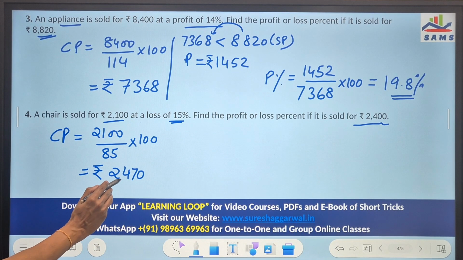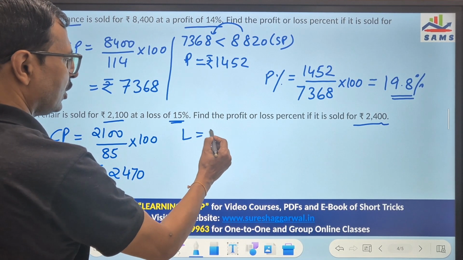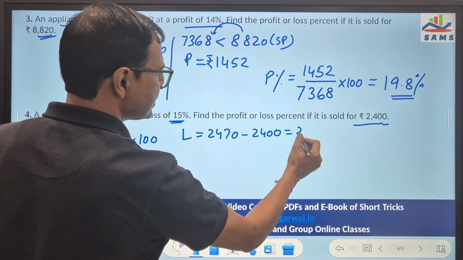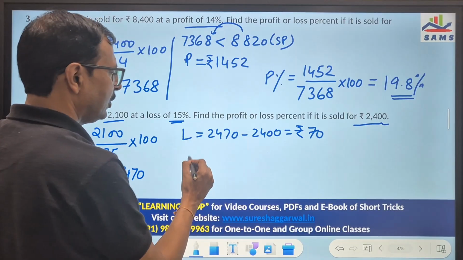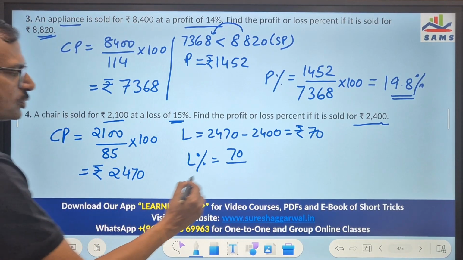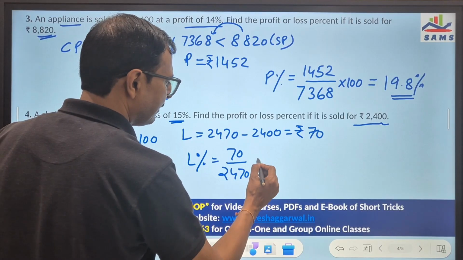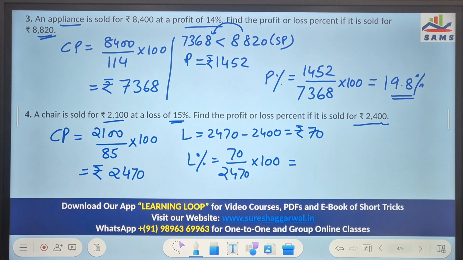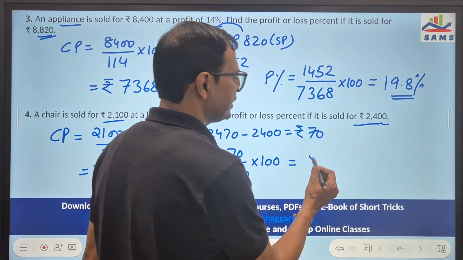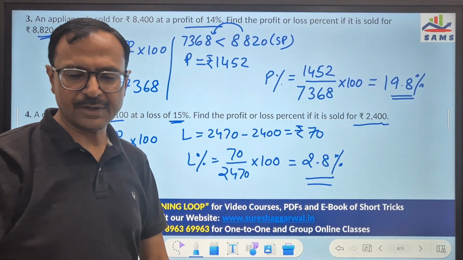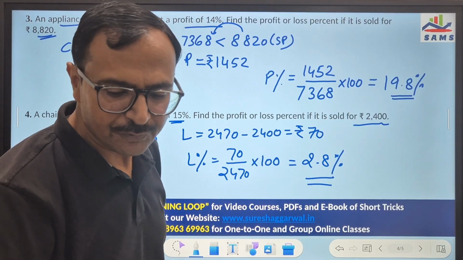See, cost price is greater, and therefore there is a loss of 2470 minus 2400, that is rupees 70, and loss percent will be 70 upon the cost price 2470 multiplied by 100, which gives you 7000 upon 2470, that is approximately 2.8% loss.